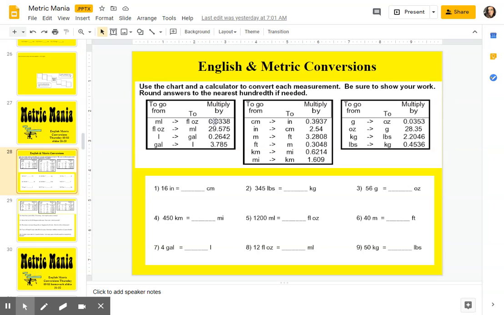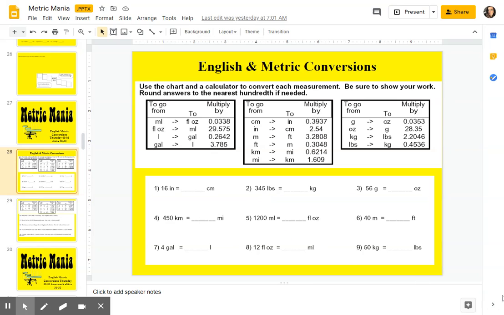Right here is going to show how you can convert your different centimeters to millimeters and what to multiply these things by. So if you have, for instance, right here you have 16 inches, you're going to find your inches on this side, and you're changing it to centimeters. So inches to centimeters is 2.54.